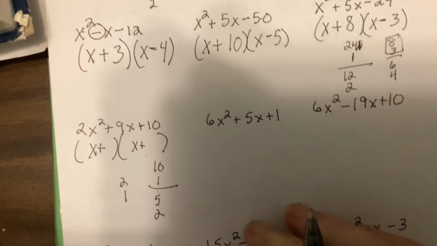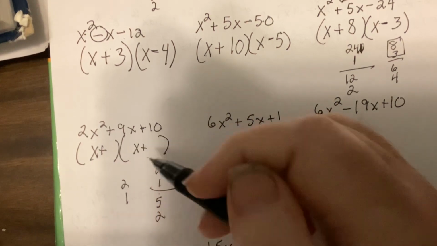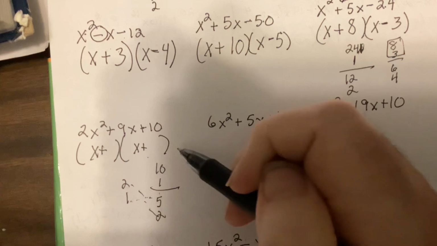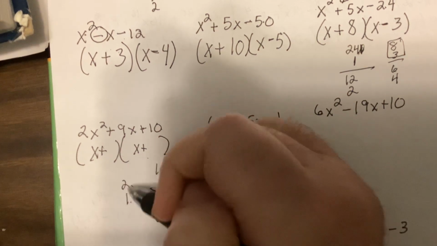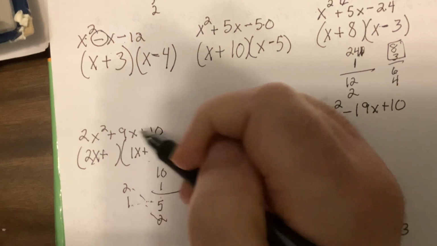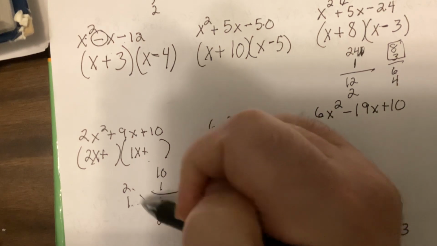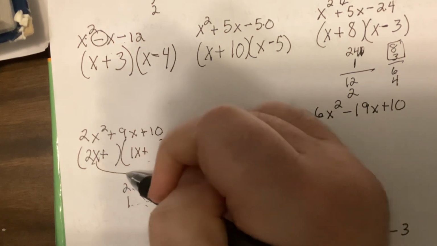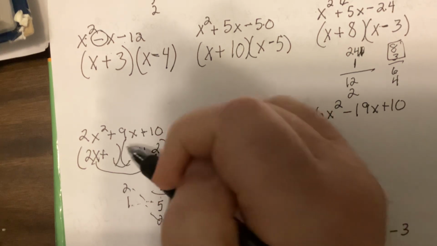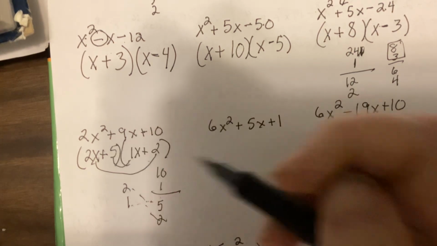Do you see a combination when we get 9? Well, that'd be 2 and 2, 5 and 1. So 2 and 1 is part of my first term. I want the 2 to go with the 2. The way you FOIL is outer and inner, so 2 here, 5 here.